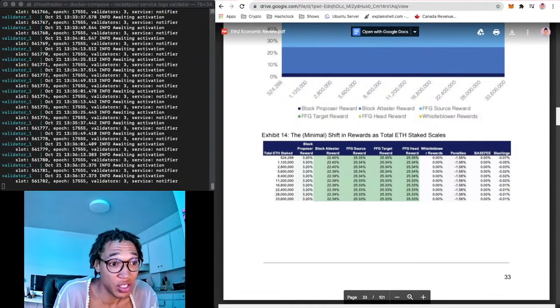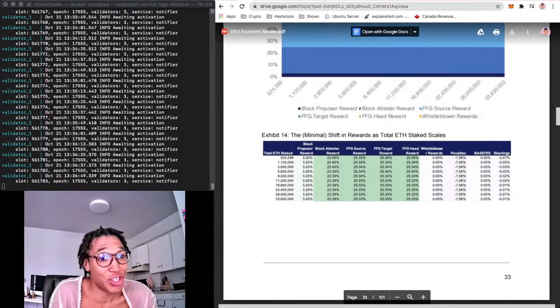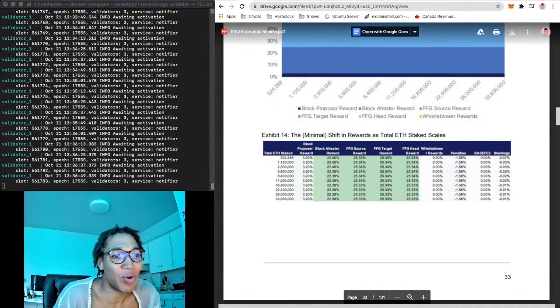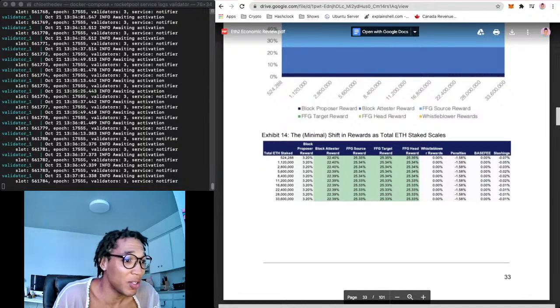Slashings does change a little bit. The slashing weight is higher with less ETH staked, and it does increase, which makes sense because if there's less ETH staked, there's less overall security with which to play around with. But with 33 million plus ETH staked, you would assume you'd have more ETH to play around with in terms of security. Therefore, it wouldn't be as big of a deal. But yeah.